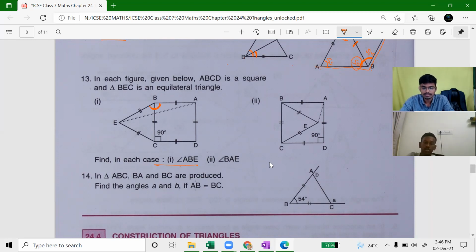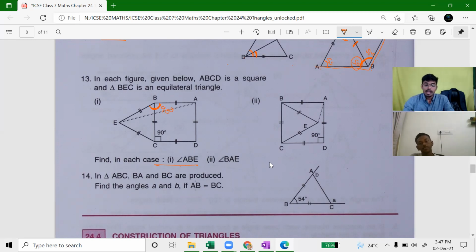A square has how many angles? 4 angles. All the angles of a square are 90 degree. Any doubt till here? No, sir. Pakka? Pakka, sir.